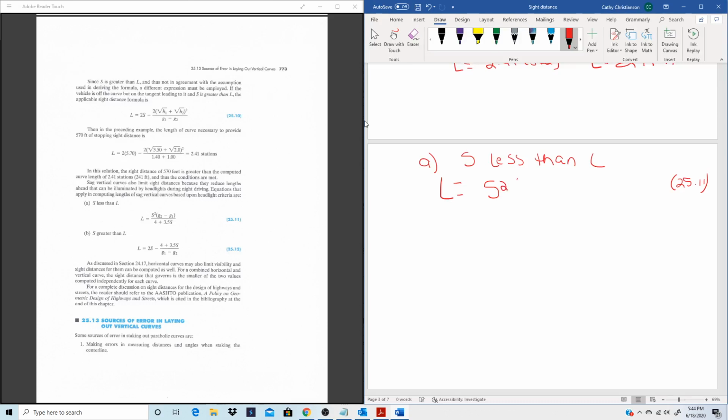So S squared equals G2 minus G1 over 4 plus 3.5 times S. S is stations. That's your stopping distance in stations. The 4 and the 3.5 are constants.